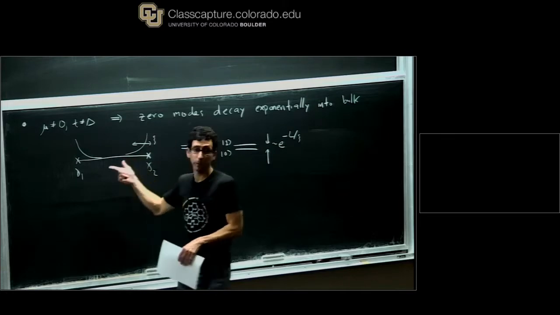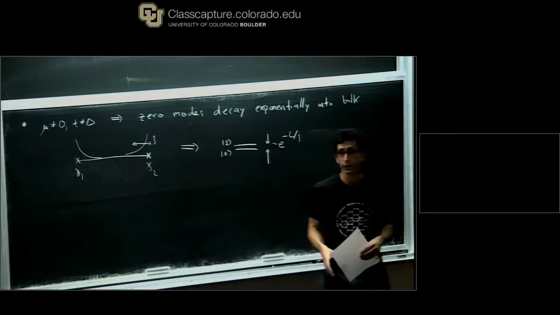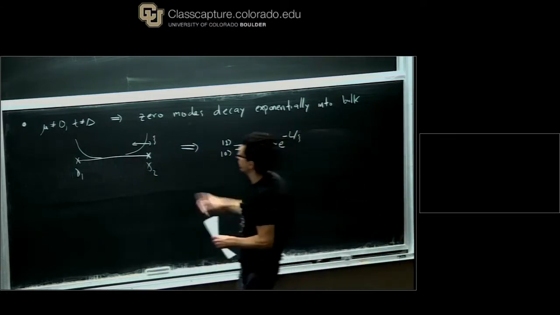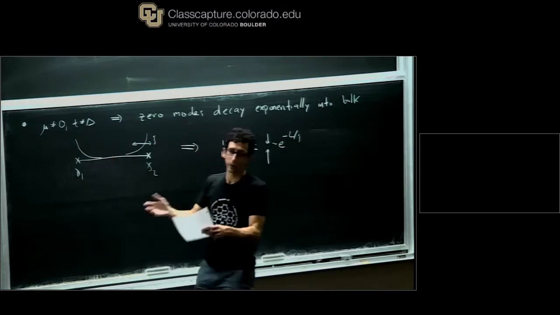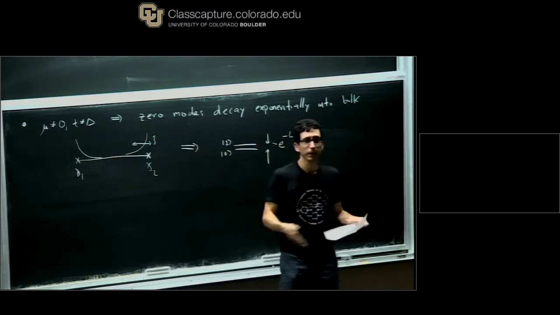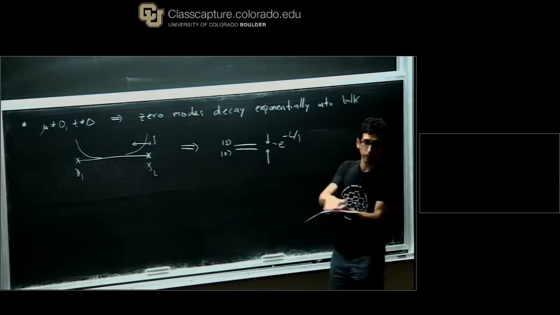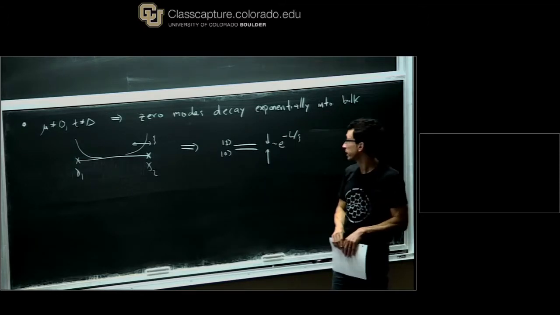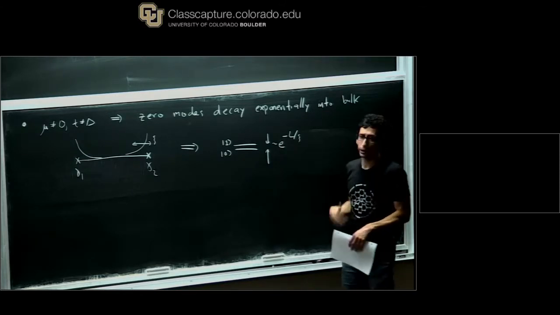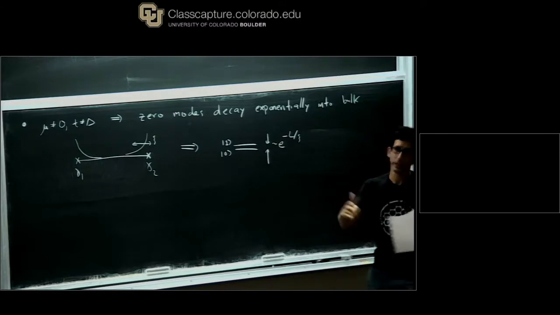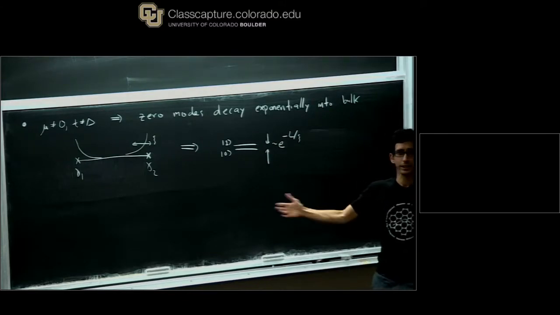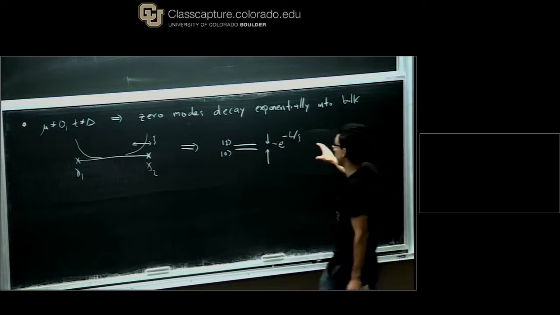Instead, they'll decay exponentially over some length scale xi into the bulk. And since there's some exponential decay into the bulk, those Majorana modes will have some tiny overlap, which leads to some residual splitting between those 0 and 1 states. But that residual splitting goes like e to the minus L over xi. And so if L is much larger than xi, then for all practical purposes, you can think about this as being 0.